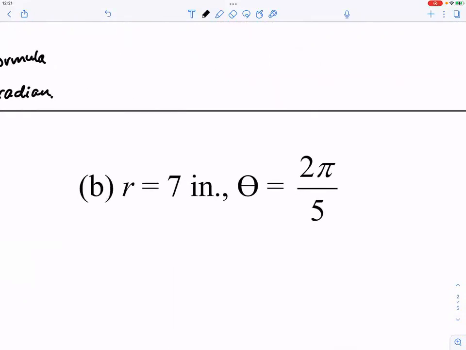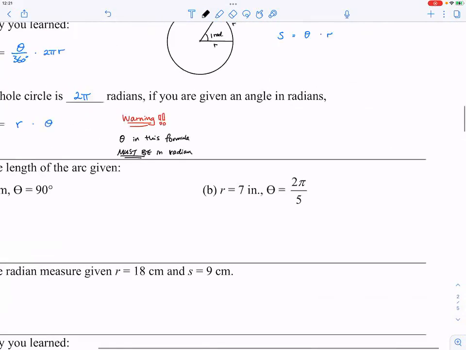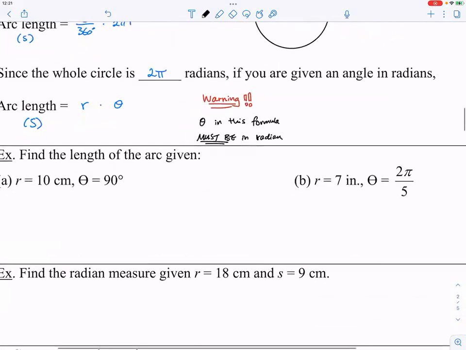Because there's no degree symbol, it is in radian mode. Do not say it's because you see pi. Yesterday, didn't we talk about some questions with just a number, with no pi in it? We said, if it's just a number without a degree symbol, that's a radian.